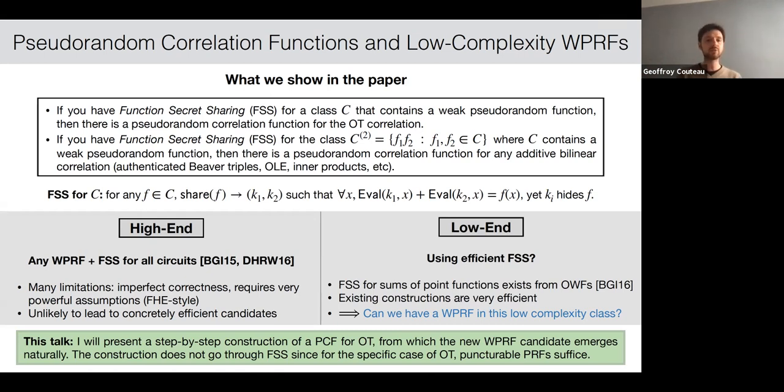But I'll try to present a natural step-by-step construction of a pseudorandom correlation function for oblivious transfers, from which this new weak pseudorandom function candidate emerges naturally. The construction will not use FSS, because in the specific case we care about in this talk, oblivious transfer, we only need a puncturable pseudorandom function, which is a much simpler object.